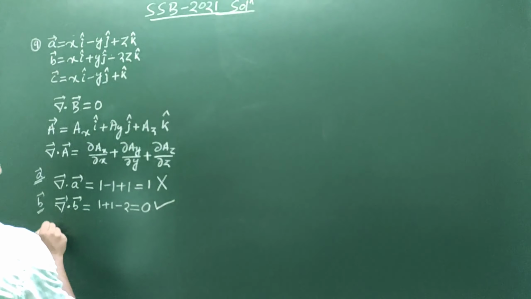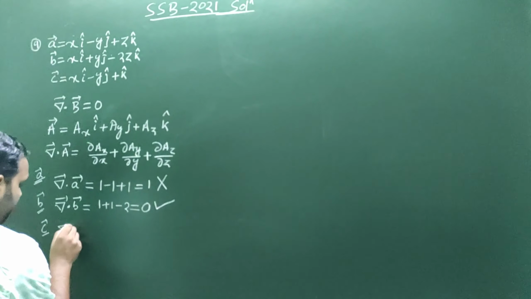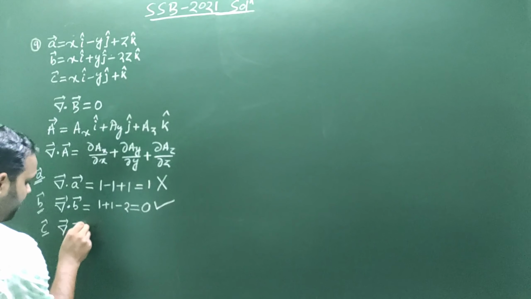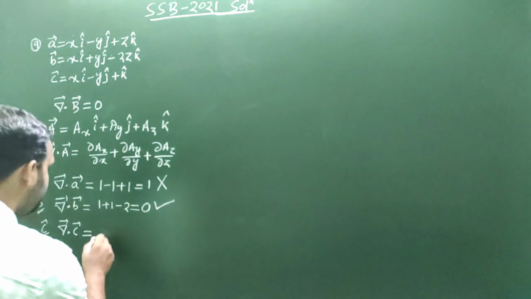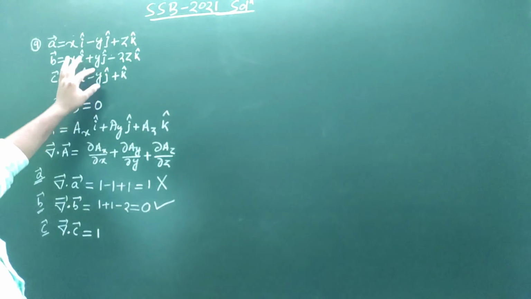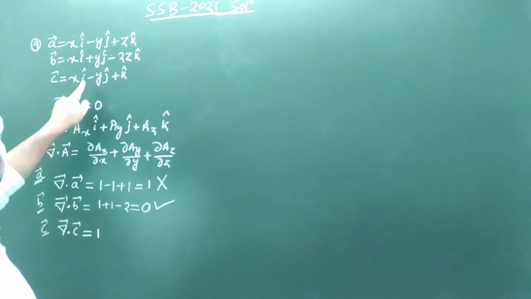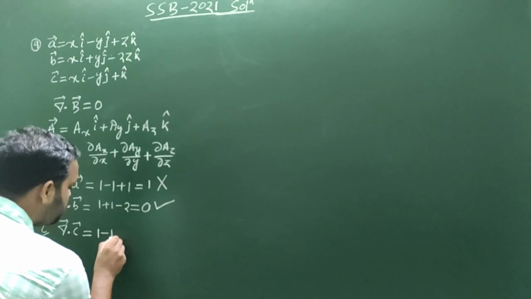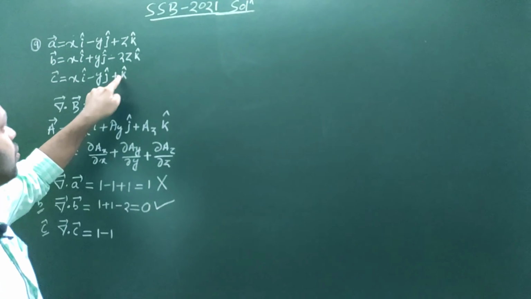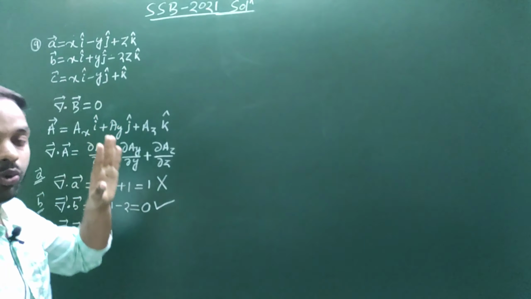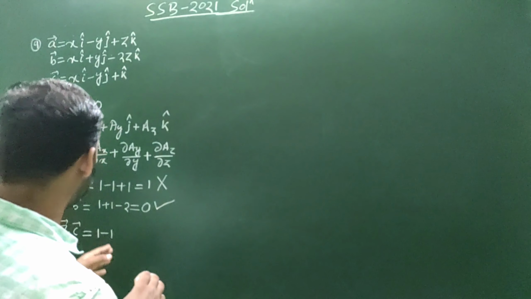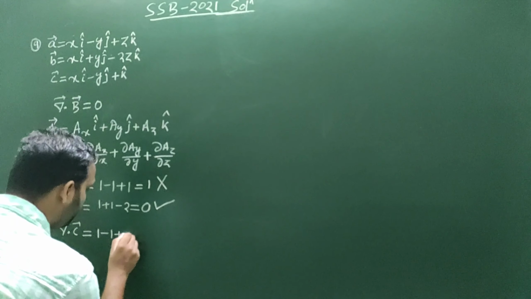And for the C vector, we can also check the divergence of C. You can write it as differentiation of x with respect to x is 1, differentiation of y with respect to y is 1, but there is a negative sign, so minus 1, and here this is constant, so az here is 1, and the differentiation of a constant with respect to a variable is 0, plus 0.